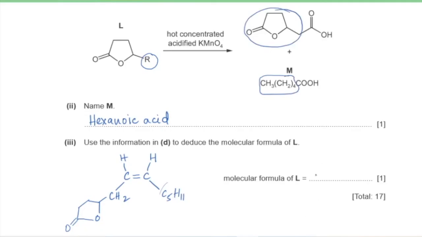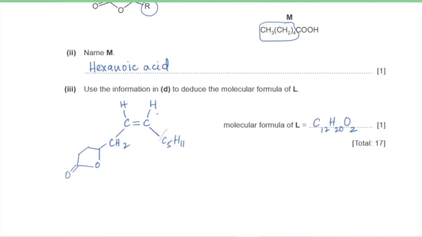So L has a molecular formula of C12H20O2. Because when this structure undergoes reaction with hot concentrated KMnO4, this will give 2 products, one from this side and the other from this side. So this carbon will turn into a carboxylic acid group.